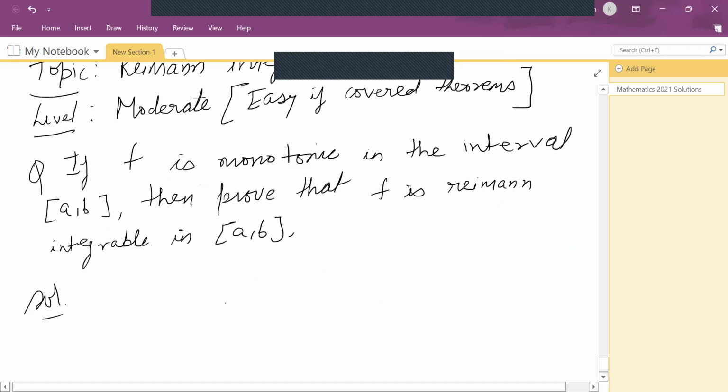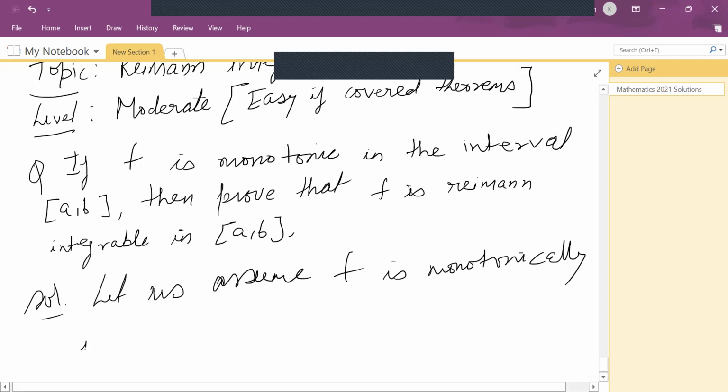So what is the meaning of monotonic? Monotonic means it can be either increasing or it can be decreasing. So let us assume f is a monotonically increasing function.